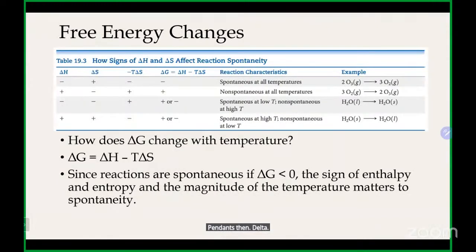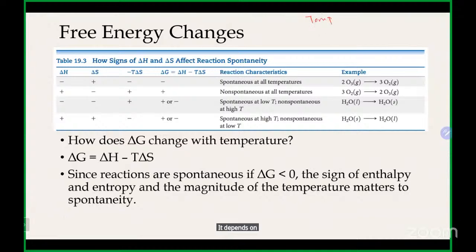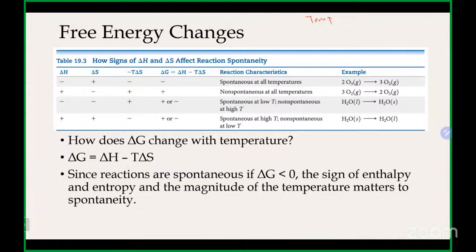So let's look at this critically. We have talked about spontaneous conditions, and we have realized that the spontaneous condition depends on temperature. It depends on experimental conditions and all that. So usually, in a constant temperature process, more often than not, you measure all this at a certain temperature.